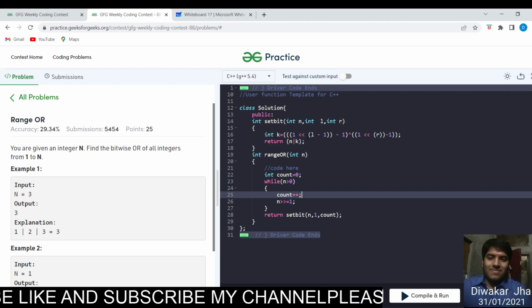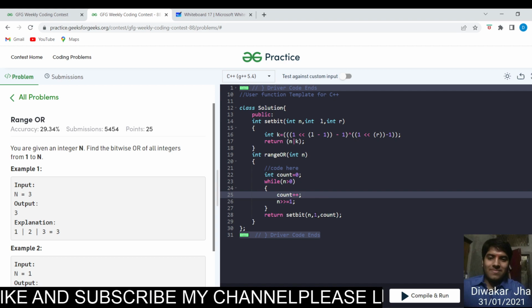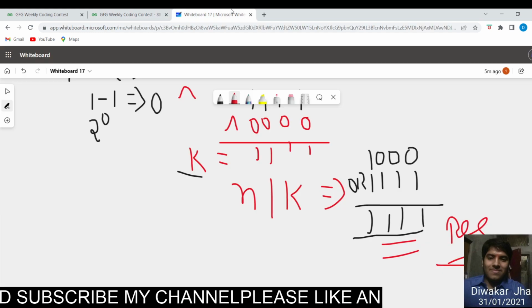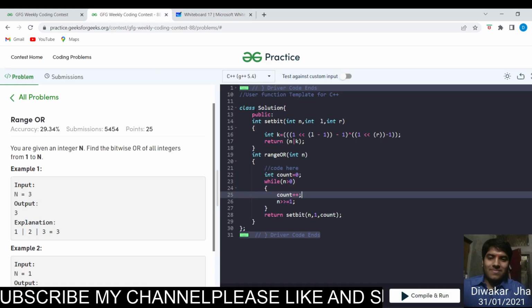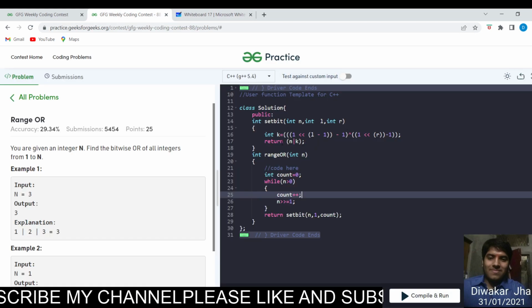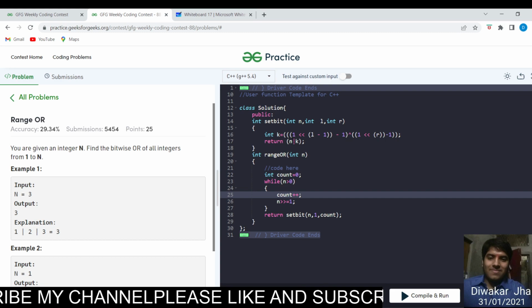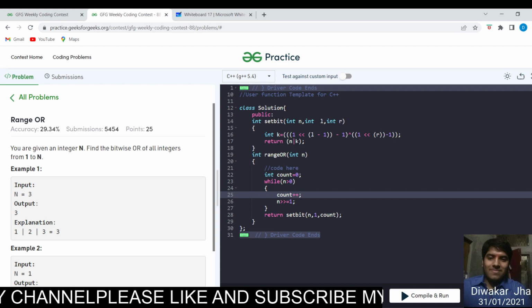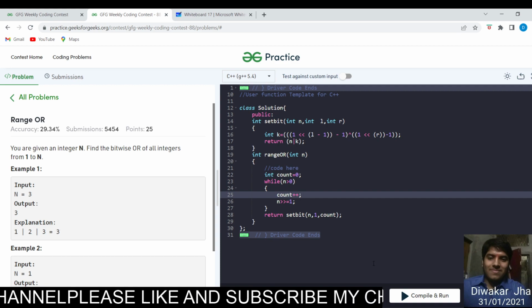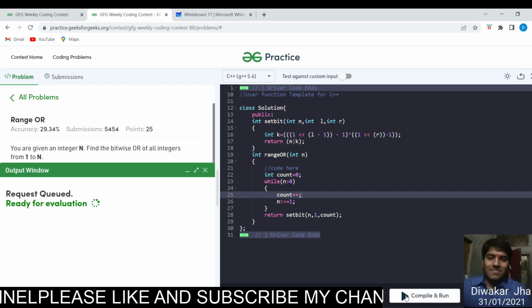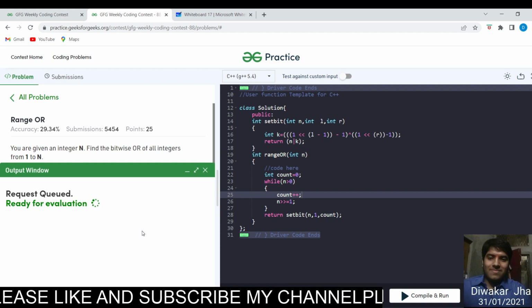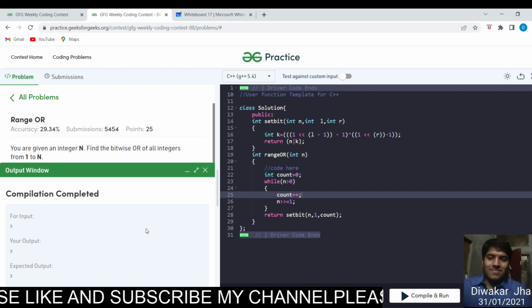This is 1 left shifted by l, because 1 minus 1 is equal to 0, and you have to perform this operation with the bitwise OR, and return n ORed with the value of k. Okay, and this is working fine. You can check also here. This is absolutely working fine.